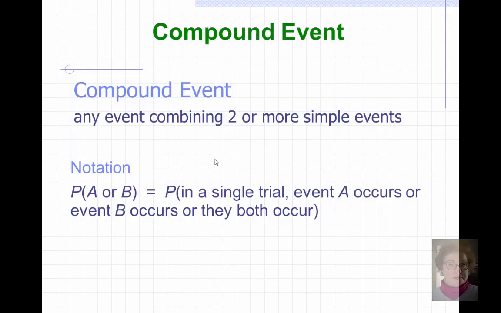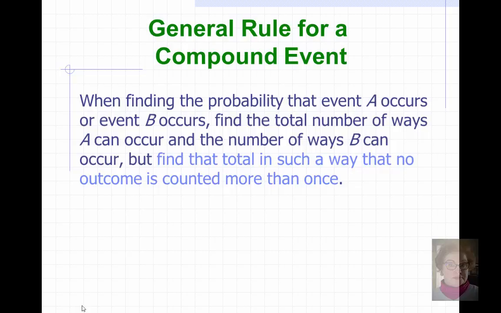Now, sometimes we have a compound event, and so it combines two or more simple events. So we're going to talk about the probability of A or B. So that means A is going to happen or B is going to happen, or they can both happen. So we need to find a way that no outcome is counted more than once.